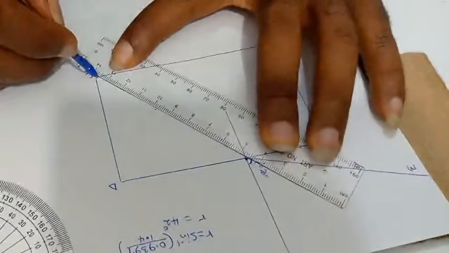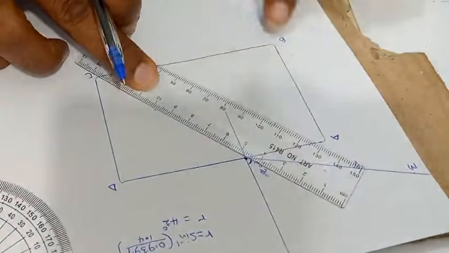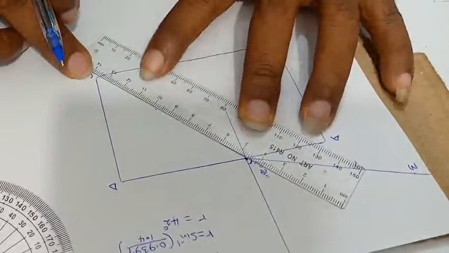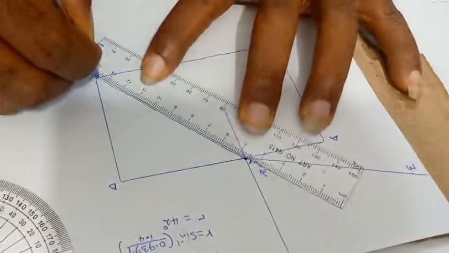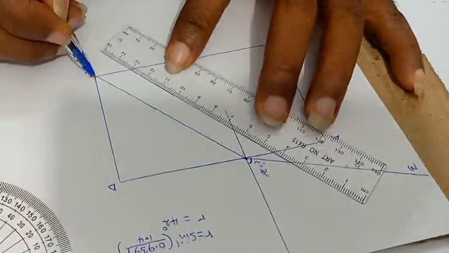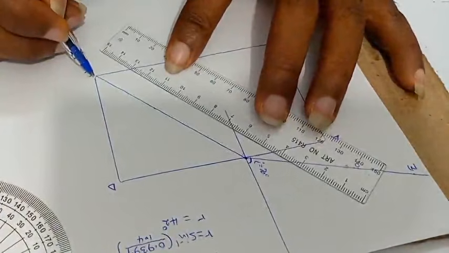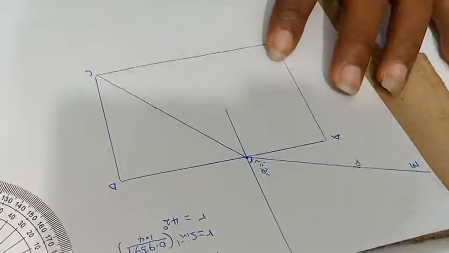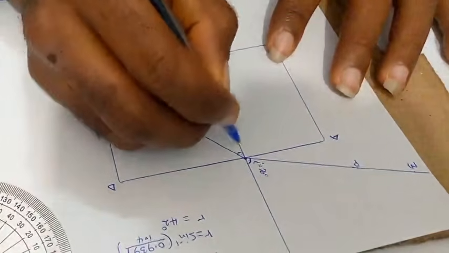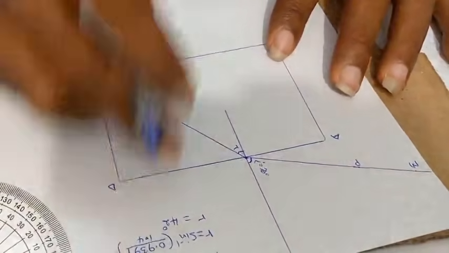You have to draw it to touch face B, C of your rectangular prism outline. Almost at the vertex of this prism. Anyway, let's see. So this angle is our angle of refraction. It's 42 degrees as calculated.